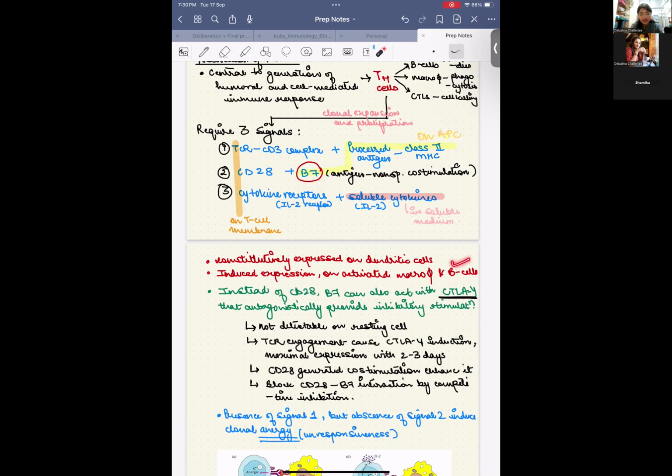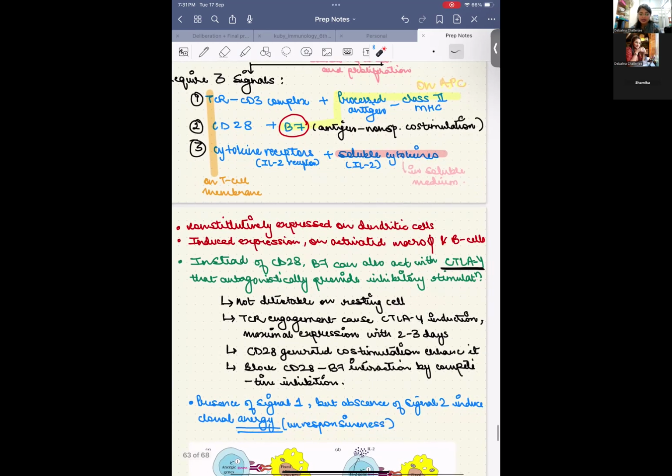That matters because B7 interaction with the CD28 of the T cell membrane is an important signal. So B7 and class 2 MHC expression levels are increased in the presence of this interaction. But contrarily, dendritic cells always have a high expression of class 2 MHC molecule and B7 molecules.